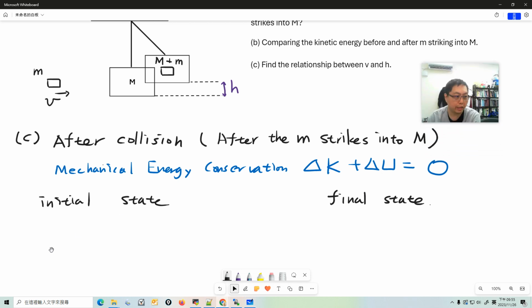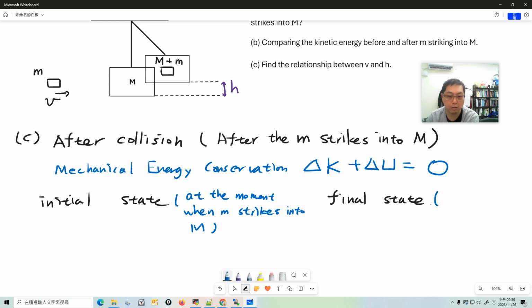What is the initial state? Like I said, we consider after the collision, that means after the bullet strikes into the capital M. That's our initial state: the moment when the small m strikes into capital M. And our final state is m plus M swinging to height h.